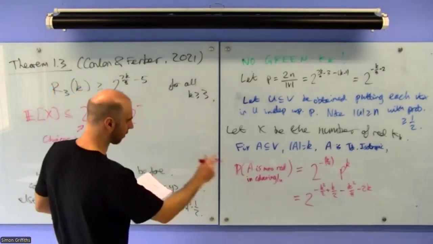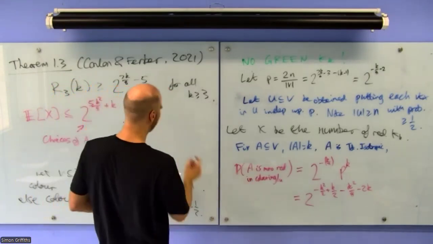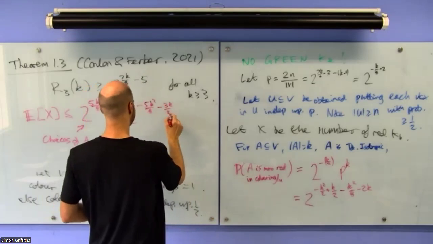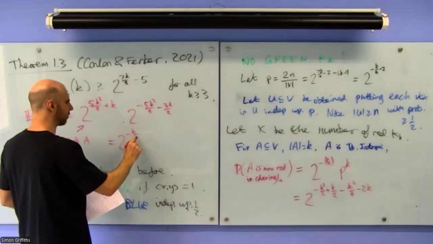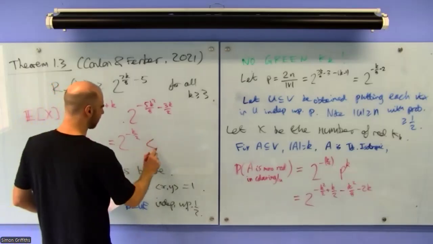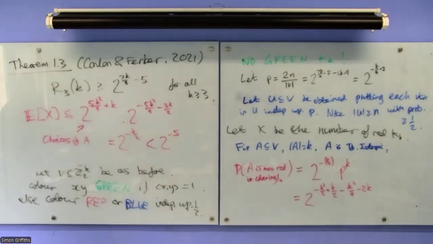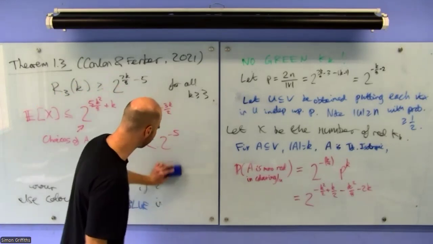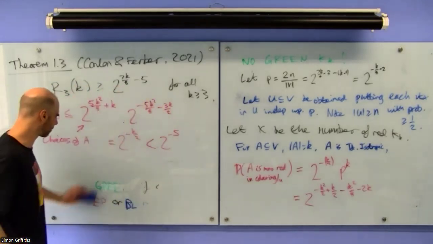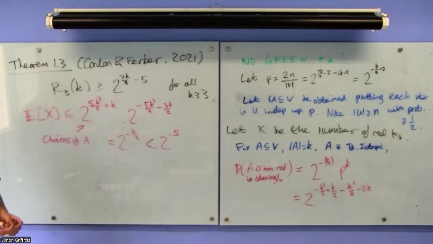So I think we have minus 5/8 k squared, and we have minus 3k over 2. And these will cancel, except you have 2 to the minus k over 2, which is less than 2 to the minus 5 or something. And so the expected number of red cliques is at most 2 to the minus 5. The probability you have a red clique of size k is at most 2 to the minus 5. The same works for blue.